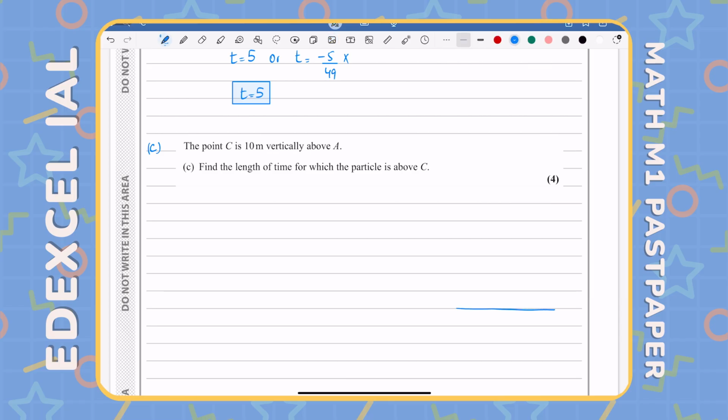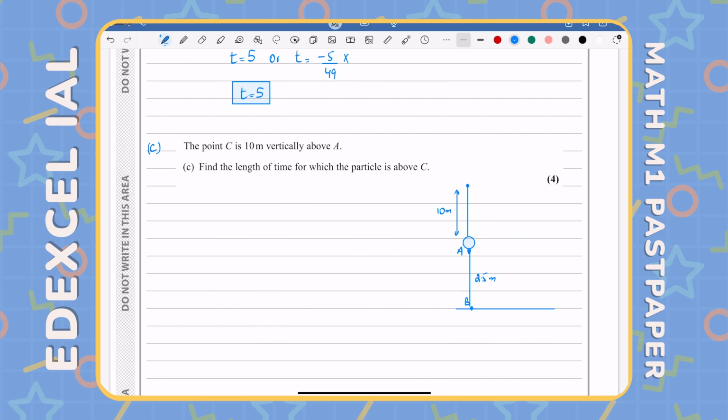Here's the horizontal ground. That is where point B is at. Then 2.5 meters above the horizontal ground, there's A. And then as you project the particle from here, there is a point C which is 10 meters above point A. It's vertically above point A, not vertically above the ground.